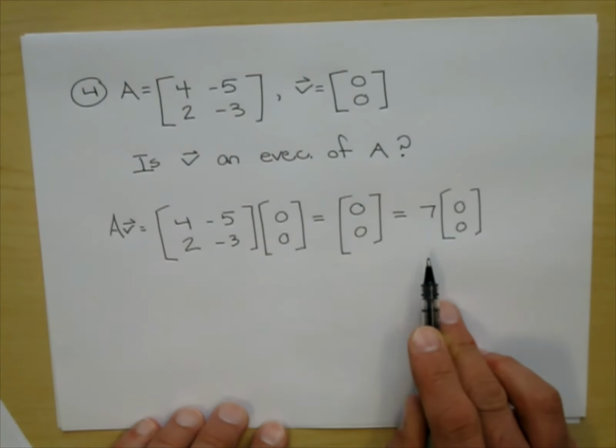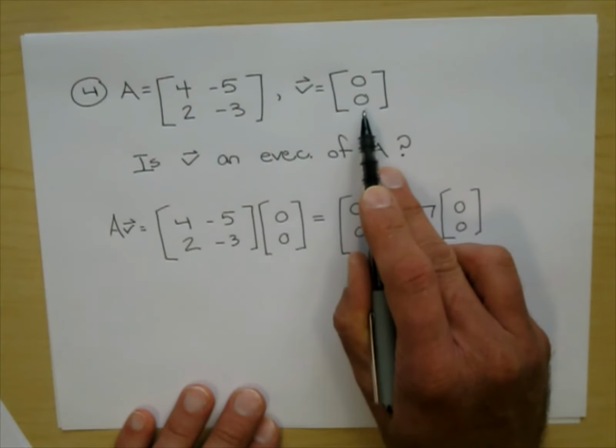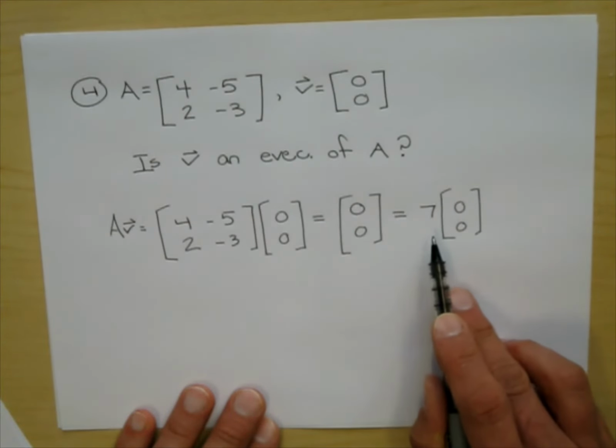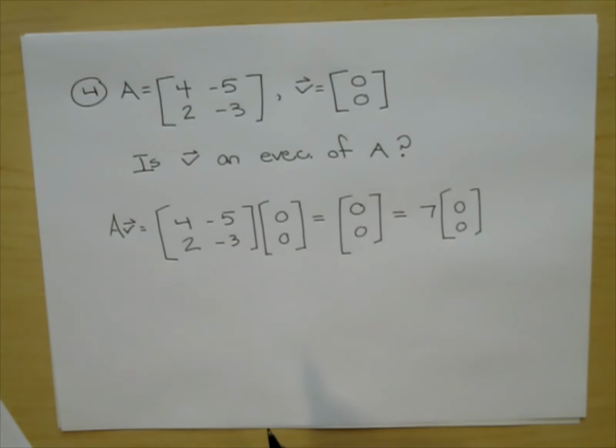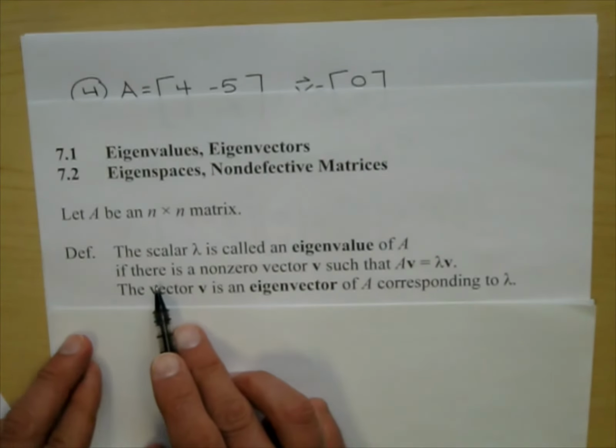So it almost seems as if this is an eigenvector, but the problem with that is there would be infinitely many different eigenvalues. And that doesn't seem right. So what I'm going to ask you to do is go back to the definition.